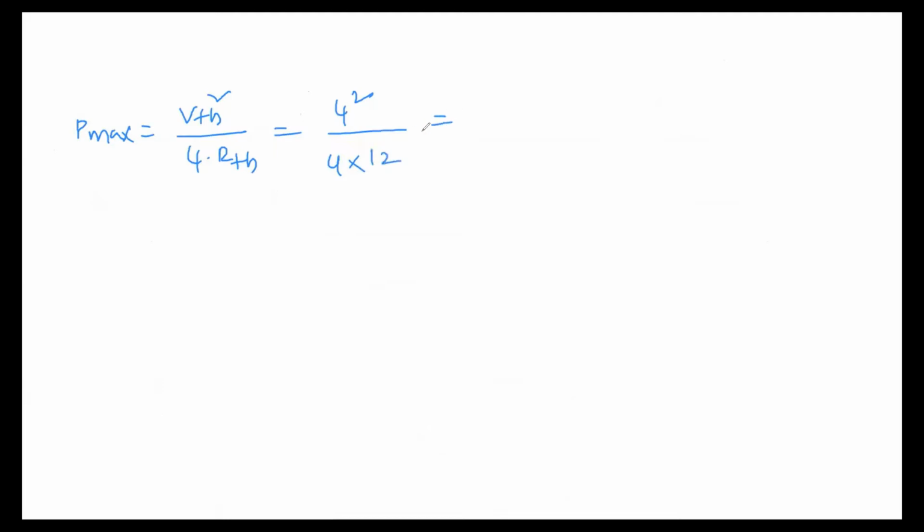So this will be 4 into 4, 1/3 watts. That means 0.33, or you can say 333 milliwatt. This is P maximum.